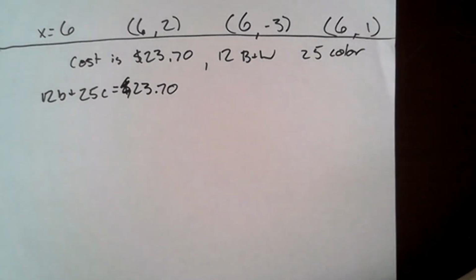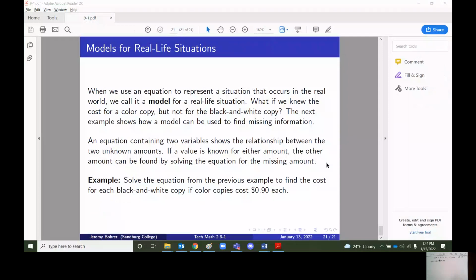Finally, one last problem. The last problem asks us to solve the equation from the previous example, to solve that equation that we just came up with for the cost of the copies that were made.